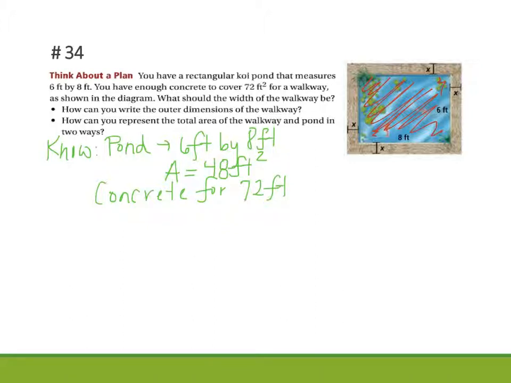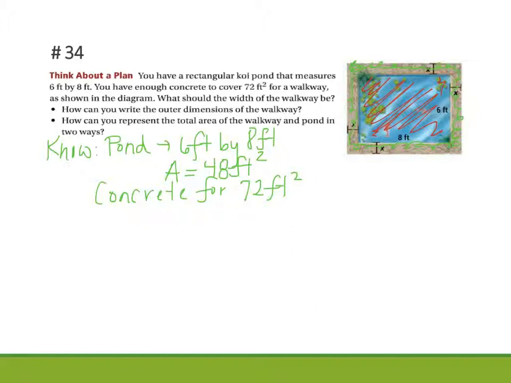Now, think about what that represents. We're going to use concrete for the walkway. Here's the walkway right here. So that means that we have enough concrete to cover only the walkway, not the pool.